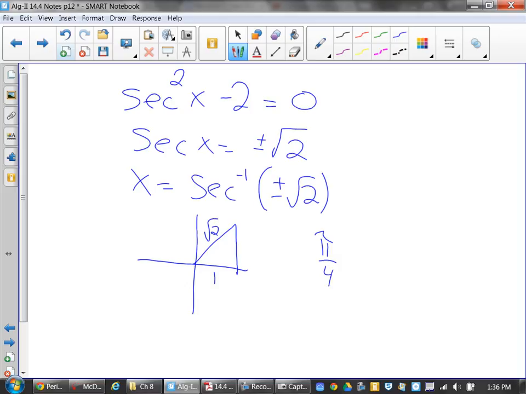Well, pi over 4 occurs in all 4 quadrants, correct? What do you know about the ordered pairs at pi over 4 in each quadrant? They're equidistant because it's root 2 over 2, root 2 over 2, negative root 2 over 2, root 2 over 2, negative, negative, and positive, negative.